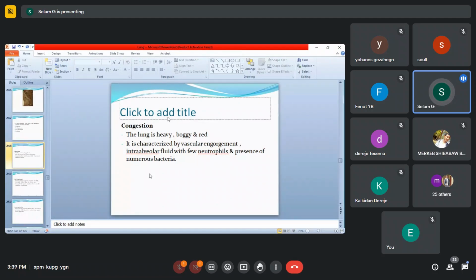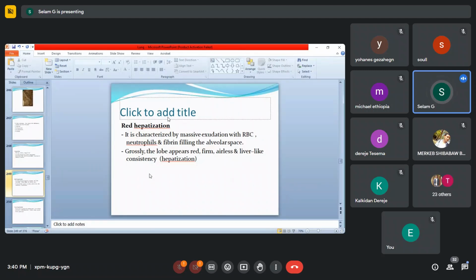It is characterized by vascular engorgement, intraalveolar fluid with few neutrophils, and presence of numerous bacteria. The stage of red hepatization is characterized by massive exudation with red blood cells, neutrophils, and fibrin filling the alveolar spaces. Because grossly the lobes appear red, firm, and airless, they look like the liver.